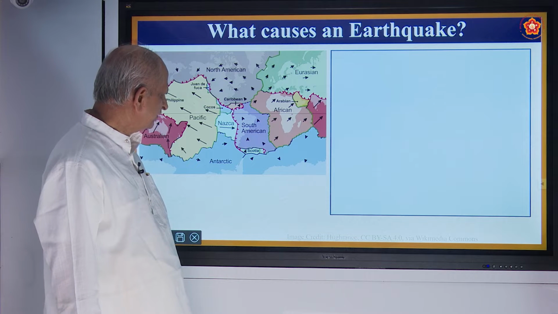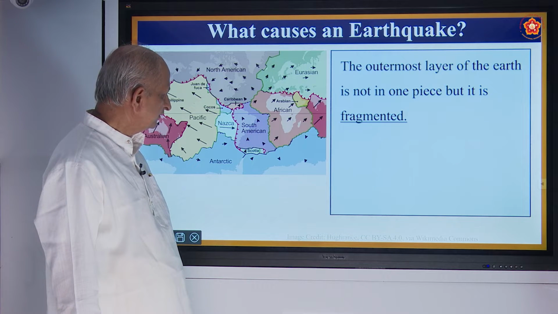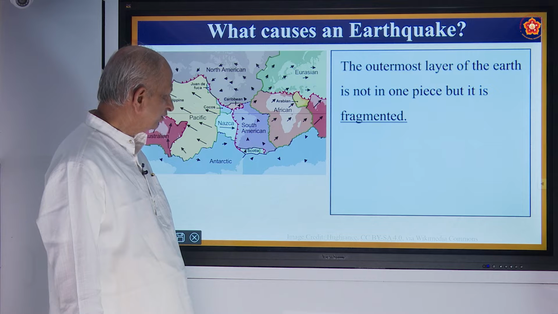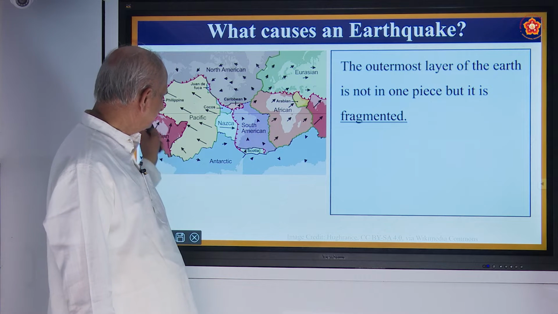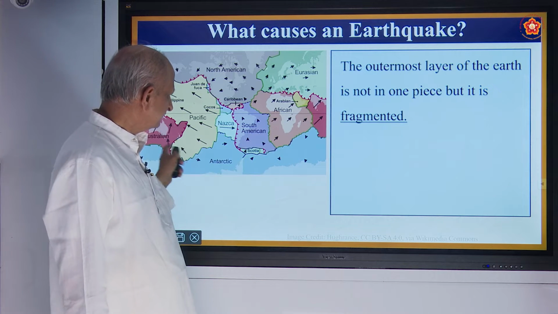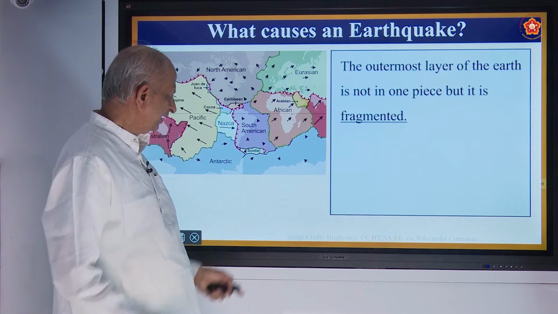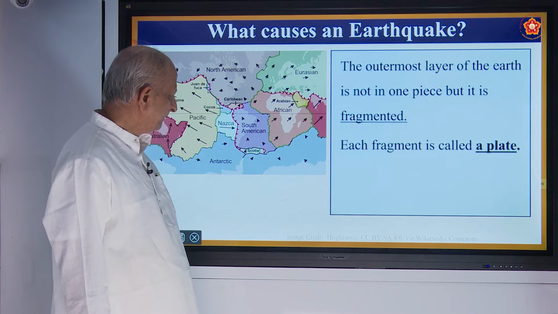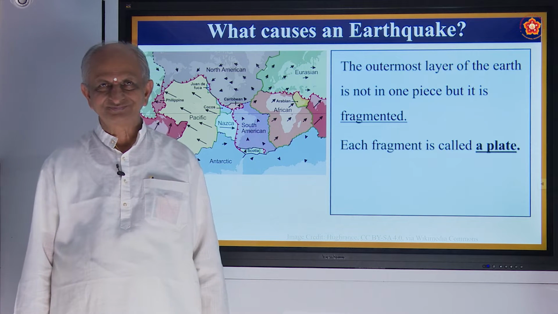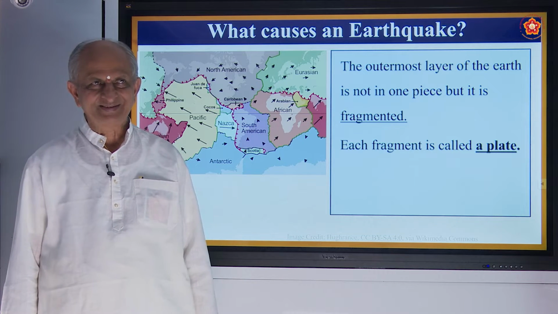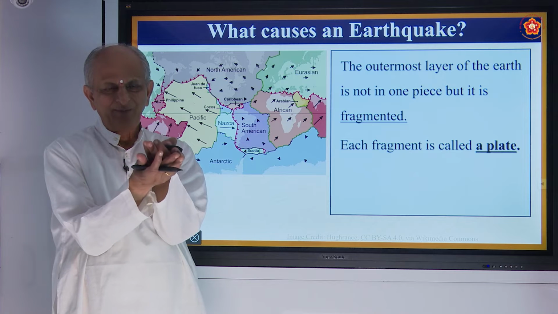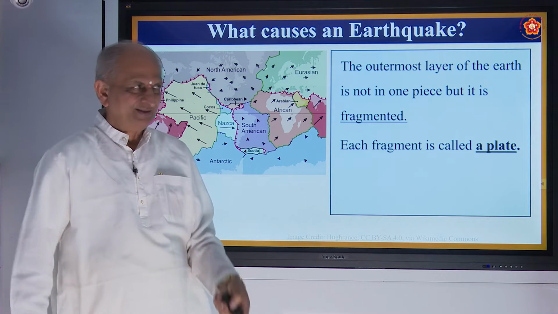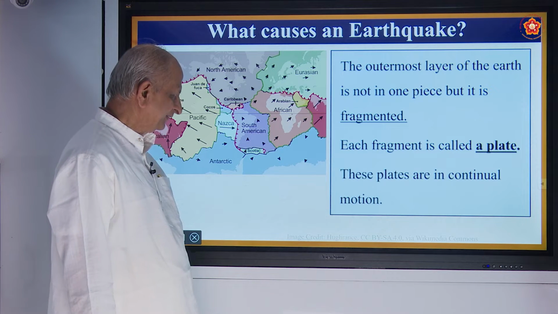Let us see the causes of the earthquake. The outermost layer of the earth is not one piece, but is fragmented. You can see they are all congested in one place. Each fragment is called a plate. When one plate moves on another, this trembling takes place.